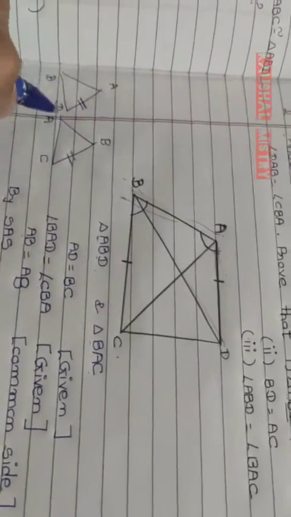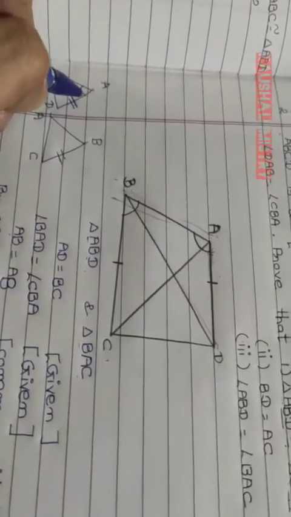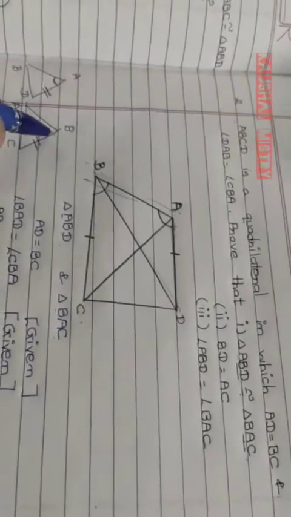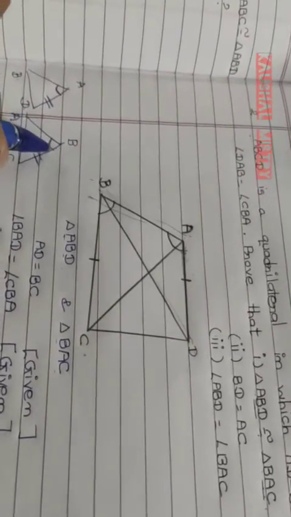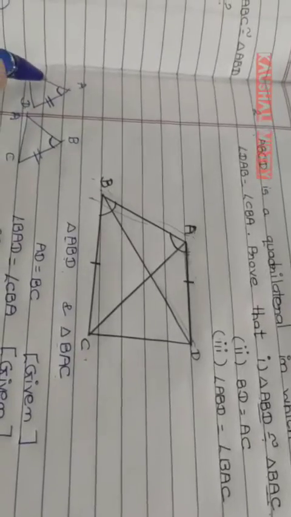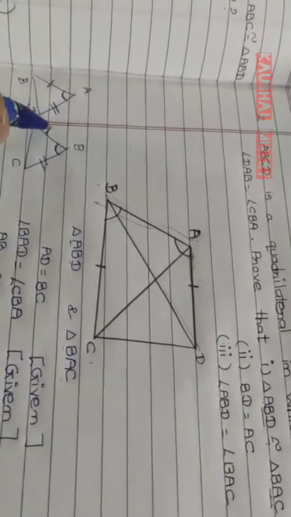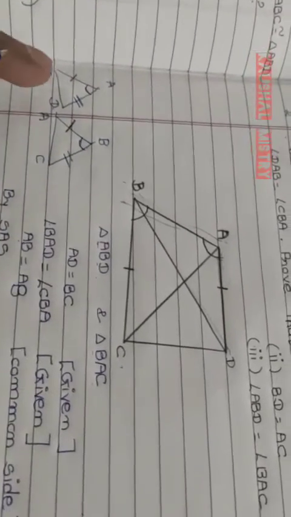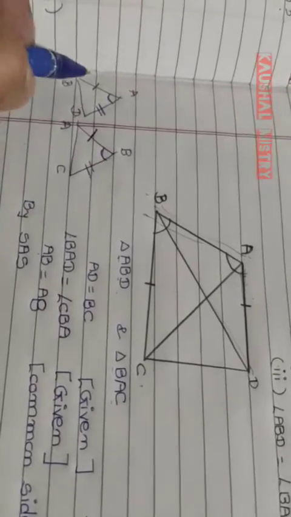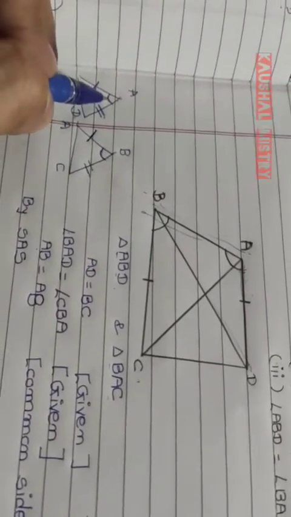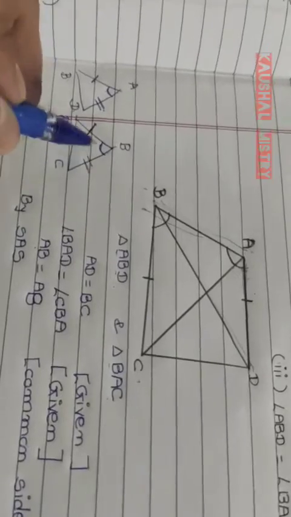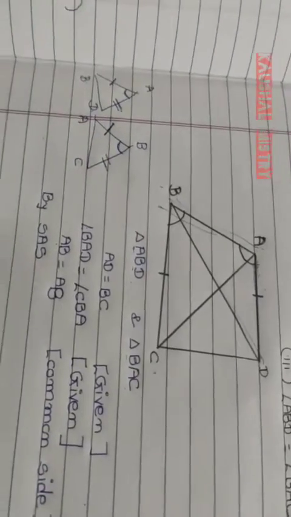Angle BAD, that means this angle, is equal to angle CBA, that means this angle, and we can see that BA and AB is the same side. So that is the SAS congruence rule, because two sides and the included angle are equal to each other.